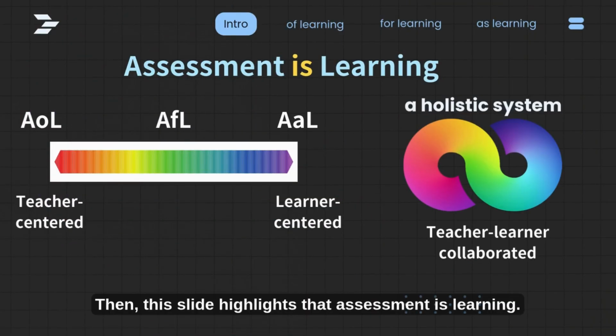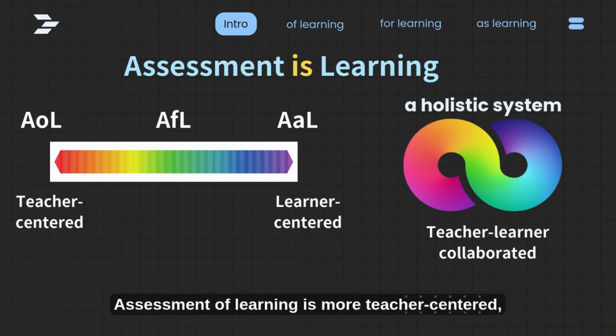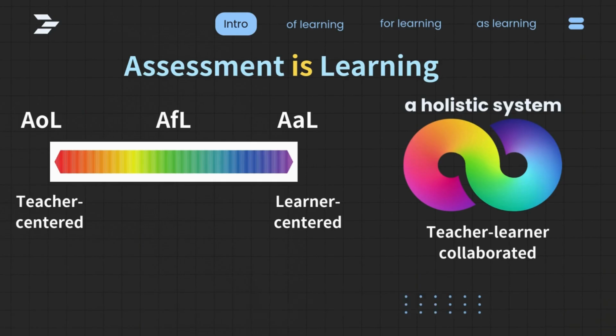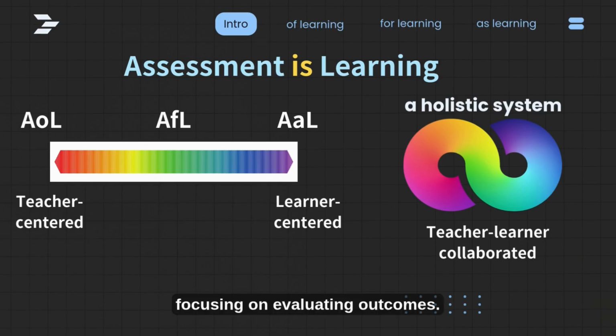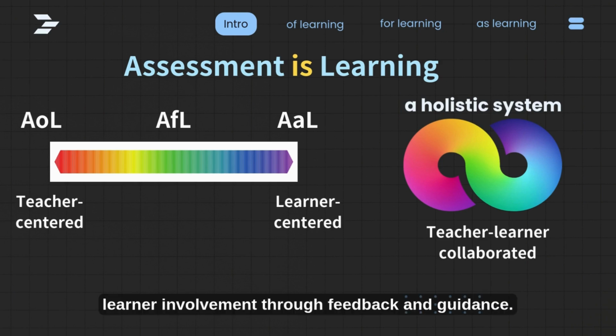Then this slide highlights that assessment is learning. On the left, we see a continuum. Assessment of learning, AOL, is more teacher centered, focusing on evaluating outcomes. Moving along the spectrum, Assessment for Learning, AFL, shifts towards learner involvement through feedback and guidance.